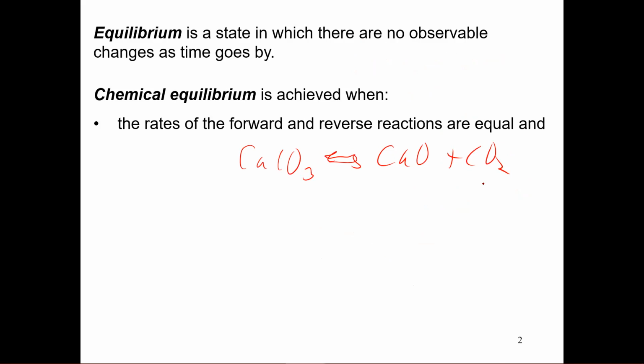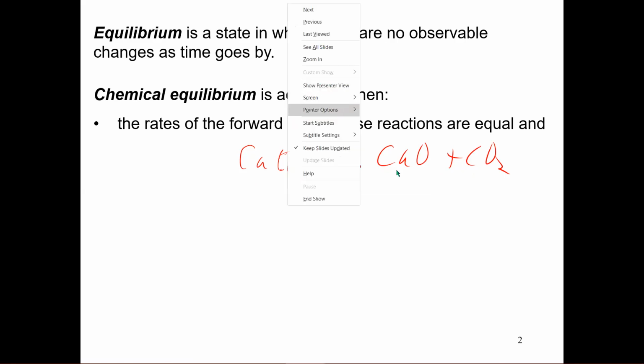If you have a CO2 atmosphere with high CO2, the calcium oxide will go to calcium carbonate, and the calcium carbonate will also decompose. So it'll go back and forth, and that's what the double arrow means. When it's going back and forth at the same rate, you have what is called the equilibrium state. Quite important to understand.